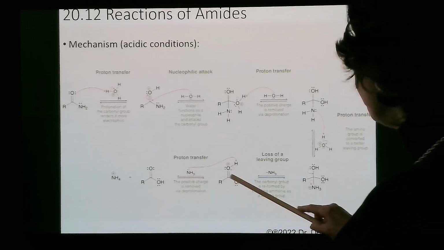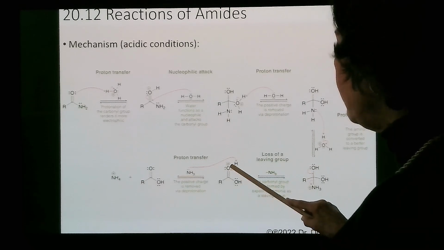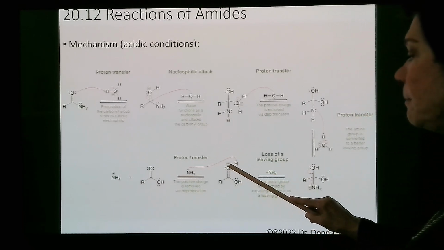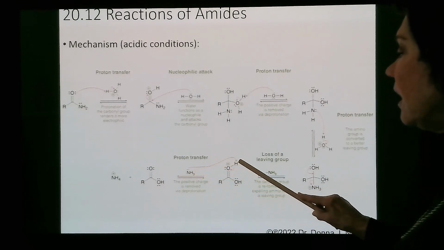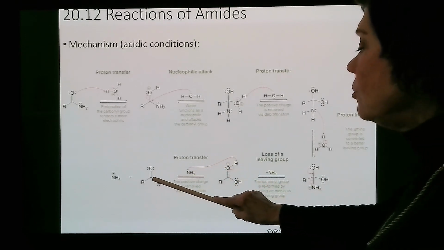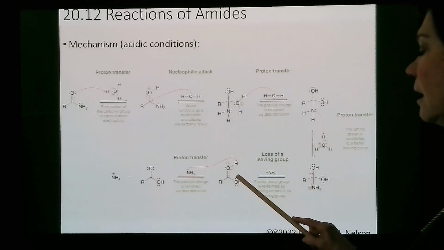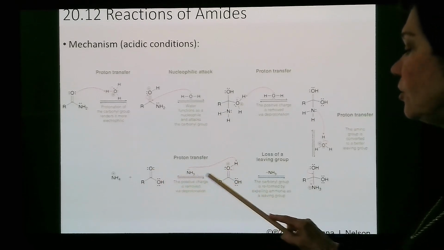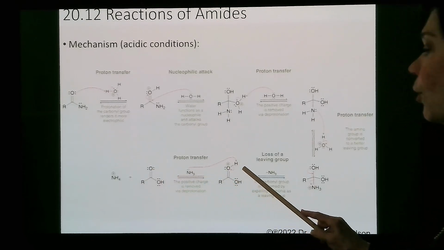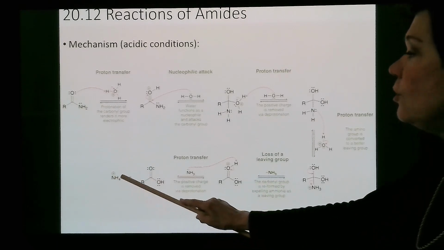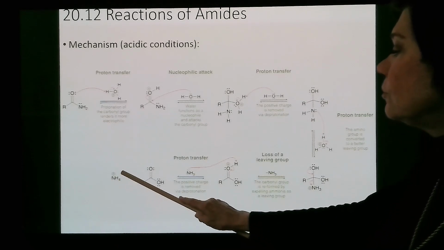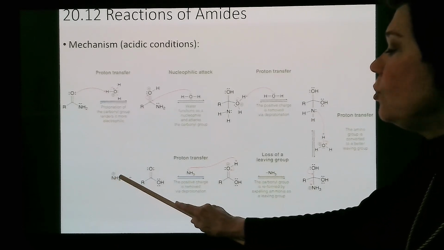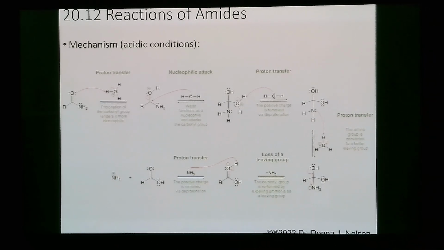And so then this oxygen is going to be bearing a proton and a positive charge, and so nitrogen picks up a proton and neutralizes the carboxylic acid so that it is no longer protonated. So here is your ammonium group that has departed.